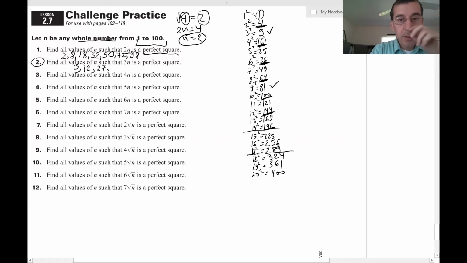Then 100, that's 1, not divisible by 3. So 100 is not. 121, that's 2 plus 1 plus 1, that's 4. 4 is not divisible by 3. 144, that's 4 plus 4 is 8, plus 1 is 9. 9 is divisible by 3.